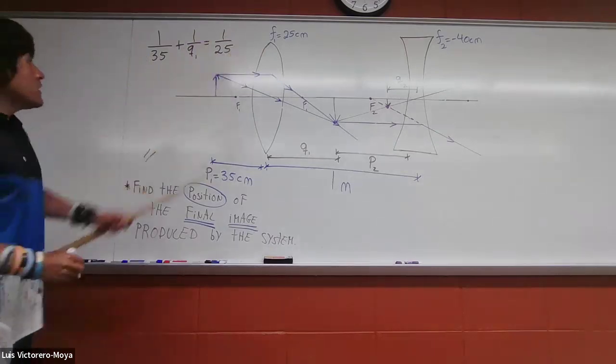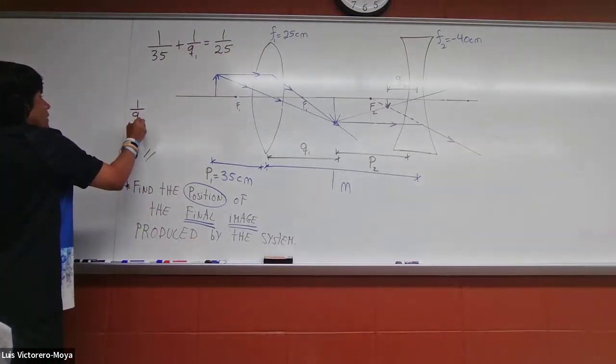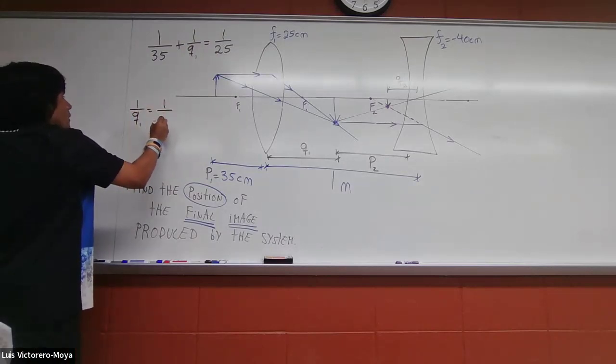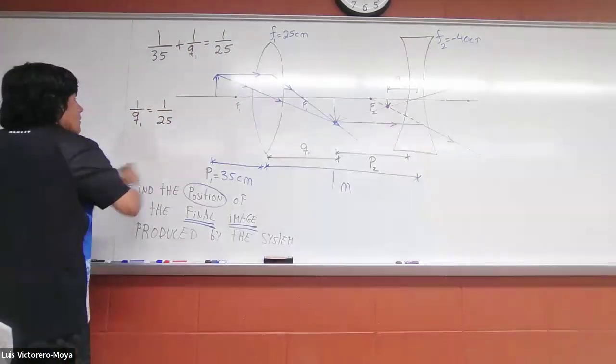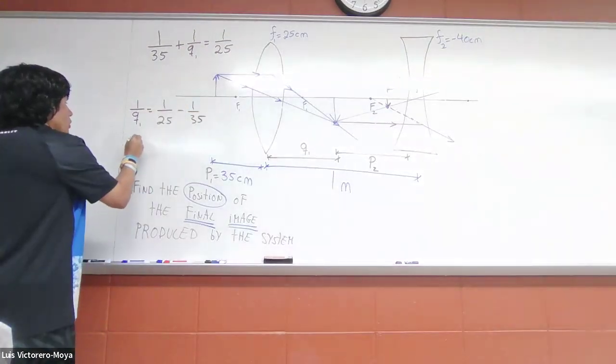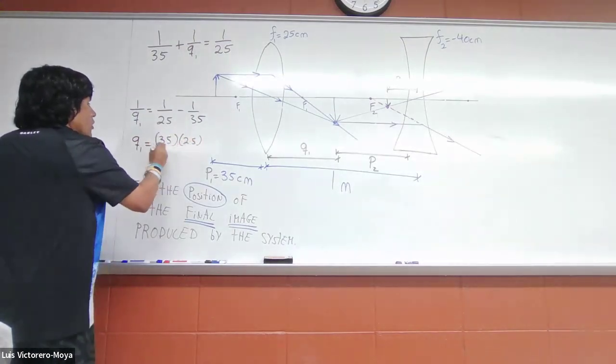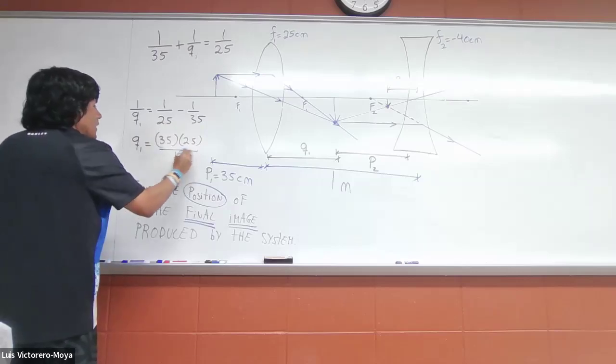So I do the math here. 1 over Q1 equals 1 over 25 minus 1 over 35. So Q1 will be 35 times 25 over this minus that, 10.